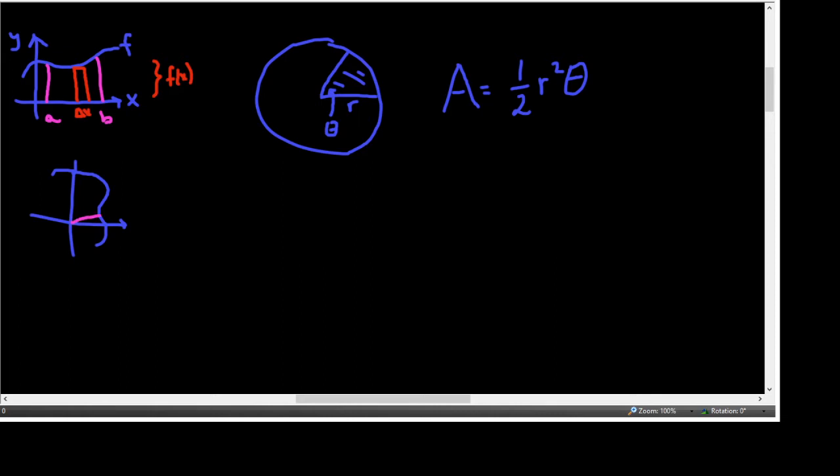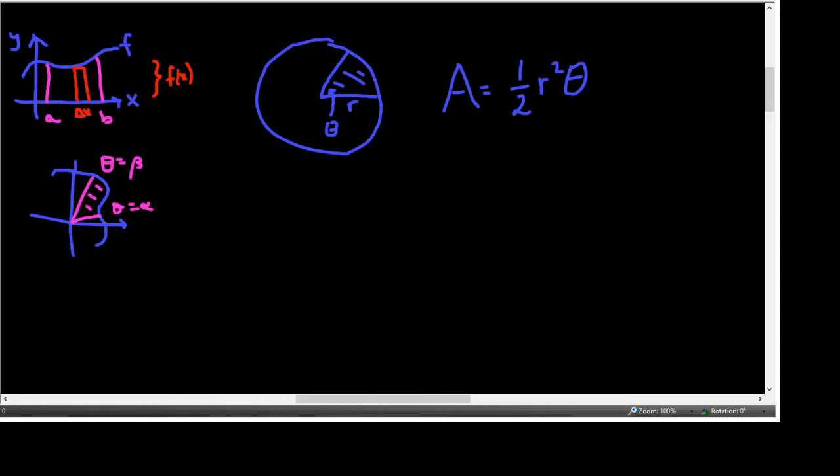Let's say this is at theta equals alpha to theta equals beta, kind of like the a and the b that you see above in the rectangular. And so we're trying to find the area of that region that's right here. Of course, that's not a circular thing, so we can't use the area of a sector formula directly.